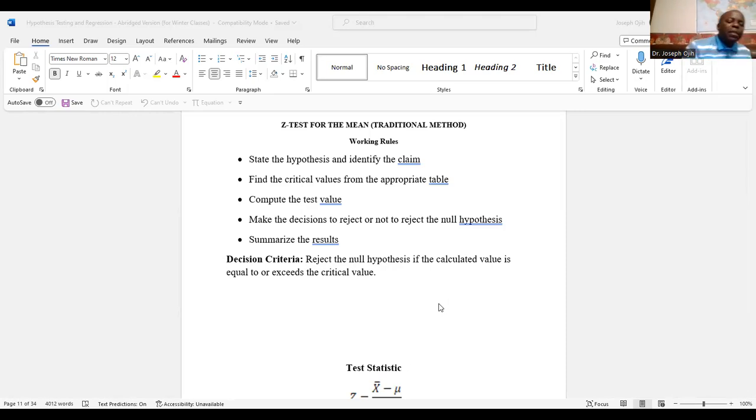So that means if your answer is larger than the critical value, you reject the null hypothesis. On the other hand, if your answer is smaller than the critical value, you don't reject the null hypothesis. Okay?